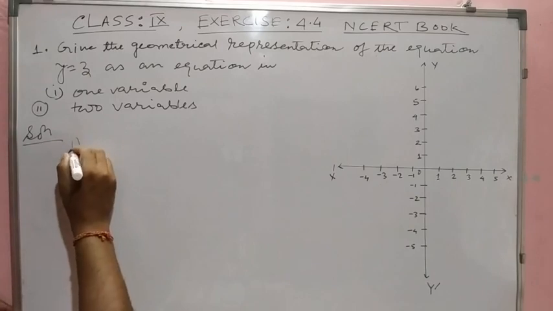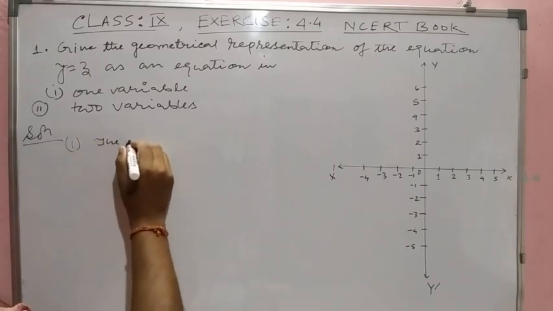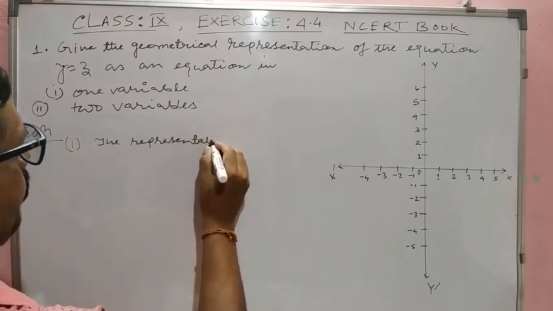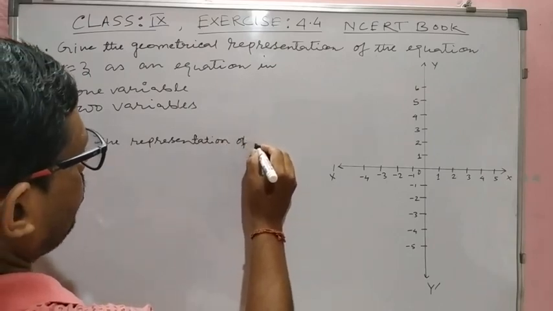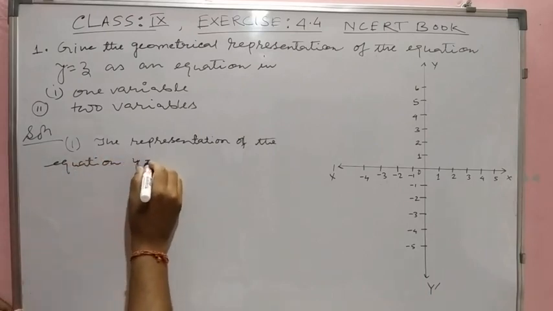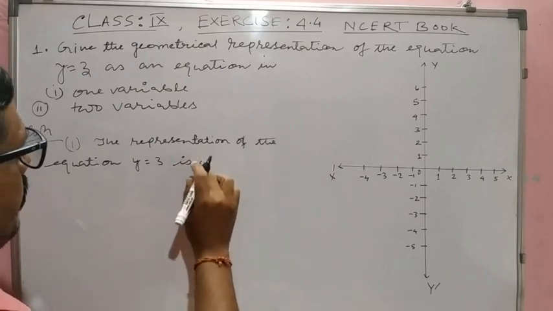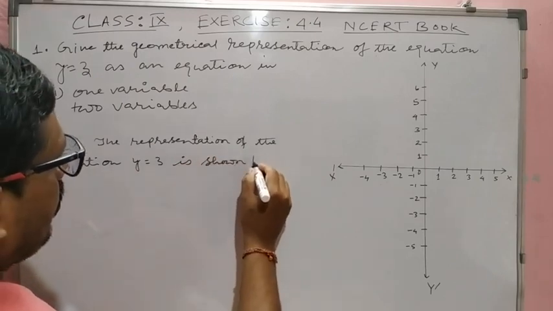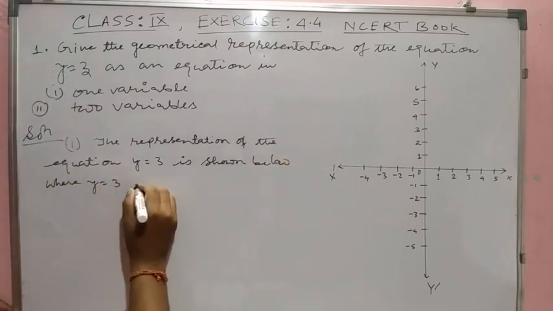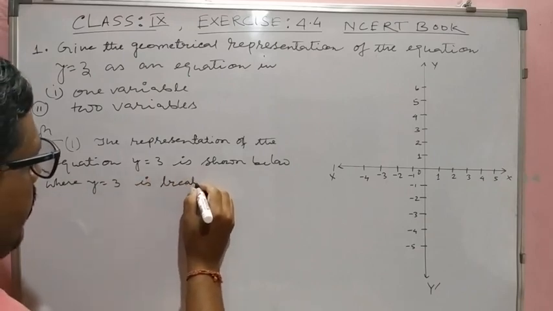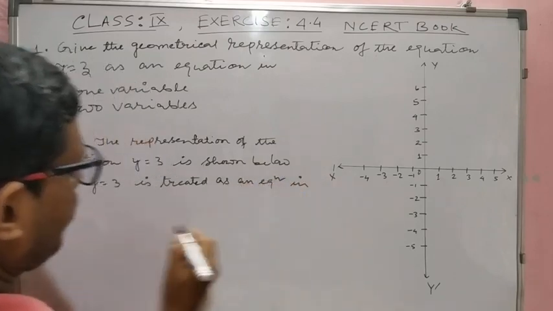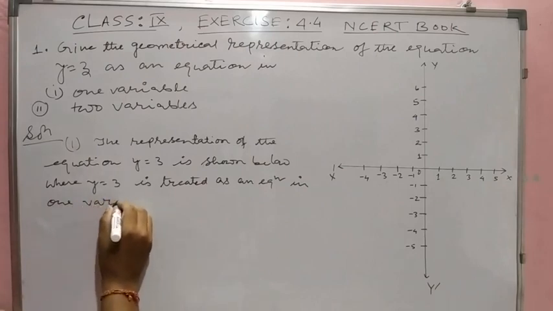So one number, the representation of the equation y equal to 3 is shown below, where y equal to 3 is treated as an equation in one variable.